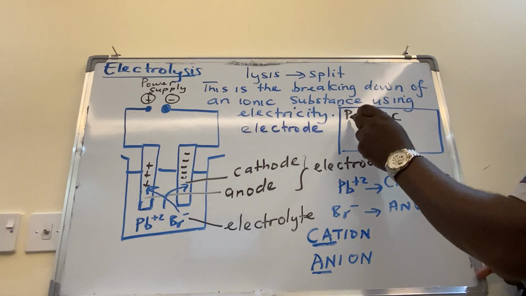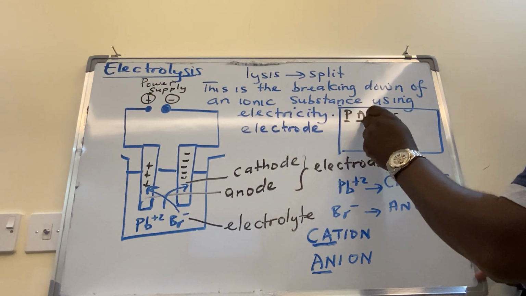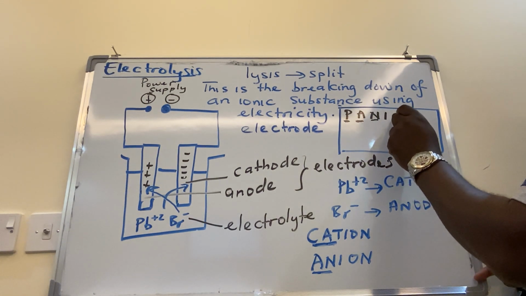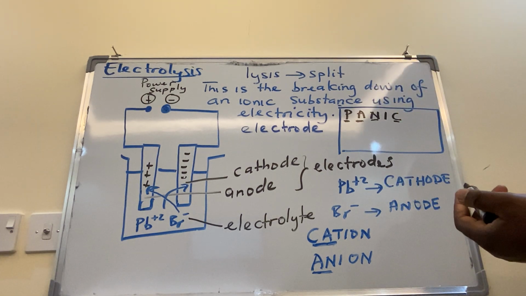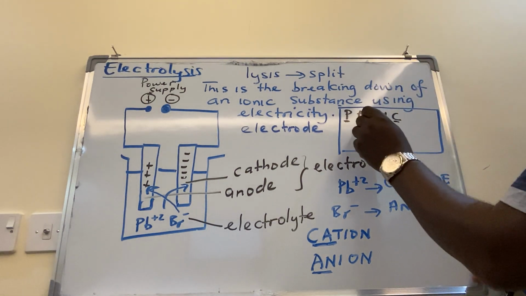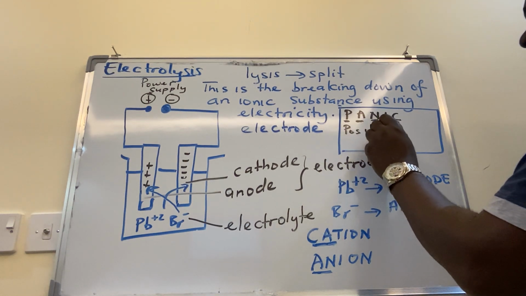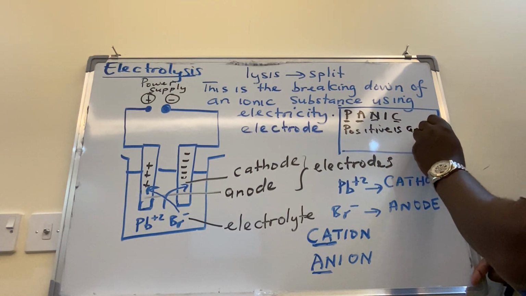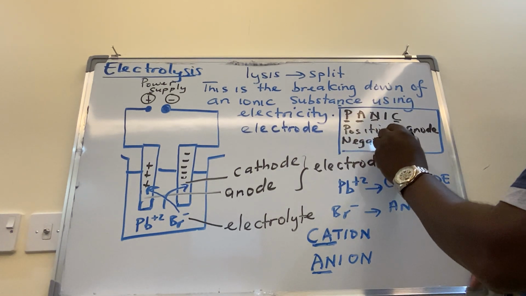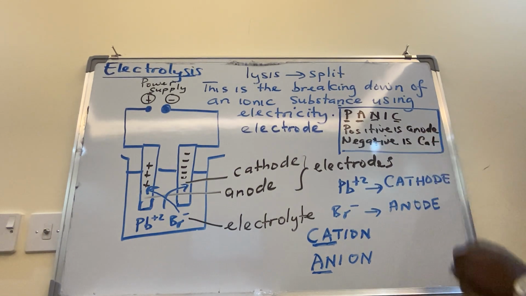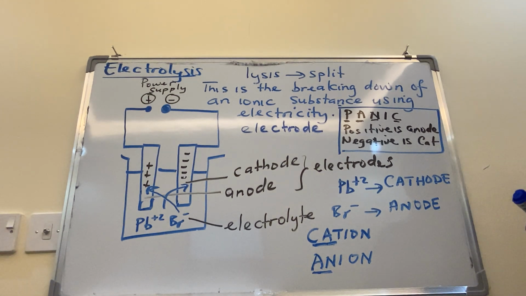Because positive is anode, but negative is cathode. So that is just one way of remembering. I usually have that abbreviation, PANIC: Positive is anode, negative is cathode.